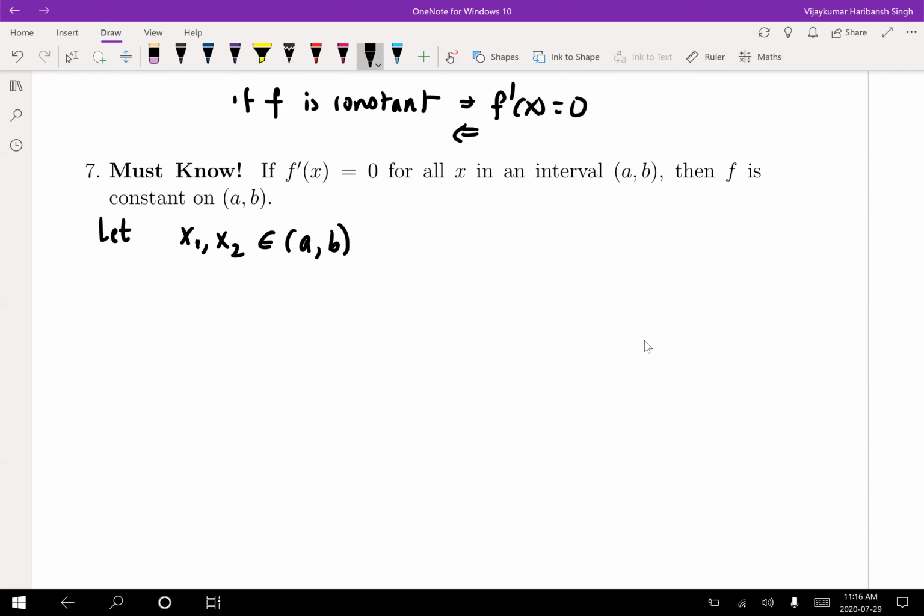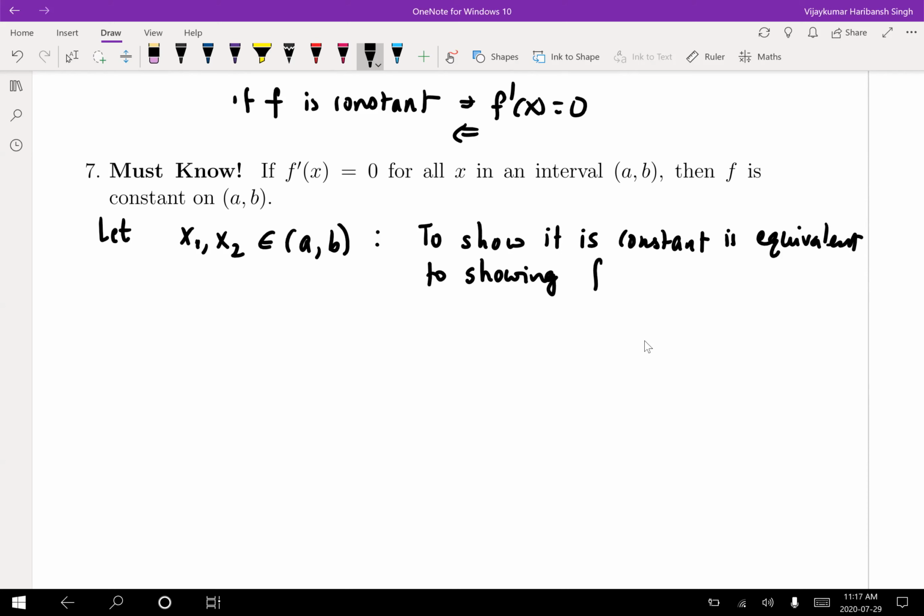Showing that f is constant is equivalent to showing f of x1 equals f of x2 for all x1, x2 in ab, right? Because if you show that any two are equal, that means all of them are equal to that same value.